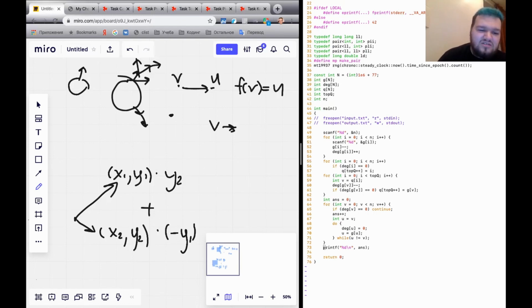It's easy to see that the second coordinate will be 0. y1 times y2 plus y2 times minus y1, it's 0. And the first will be x1 y2 minus x2 y1.